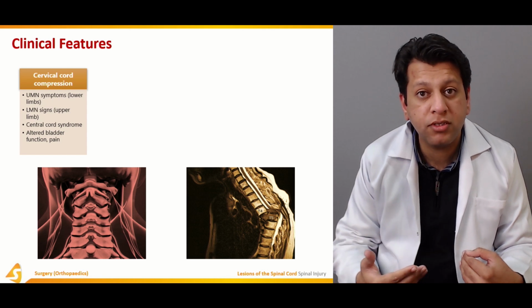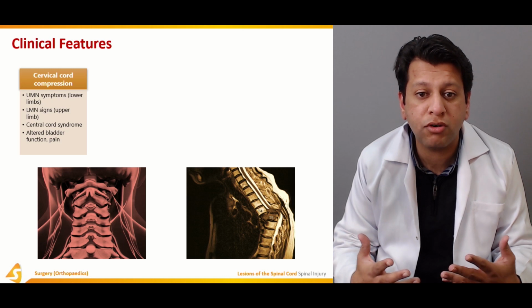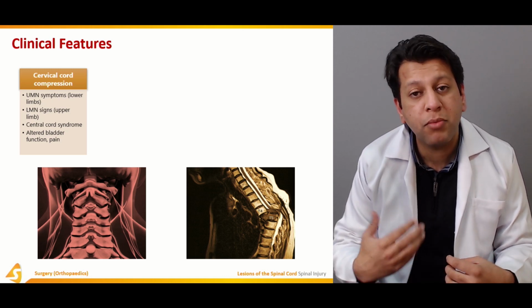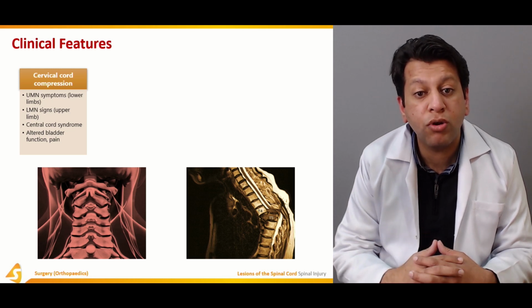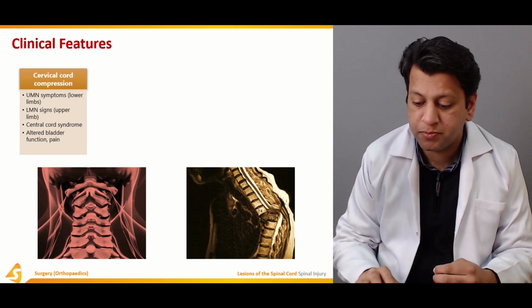But that does not mean that there are no associated problems. That is classically termed central cord syndrome, because it affects the upper limbs more than the lower limbs. But it may be associated with altered bowel and bladder function, and maybe altered pain sensation as well.